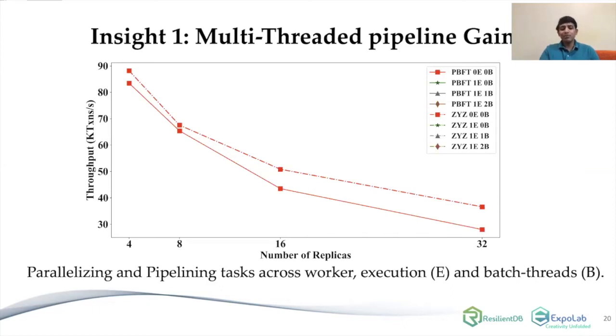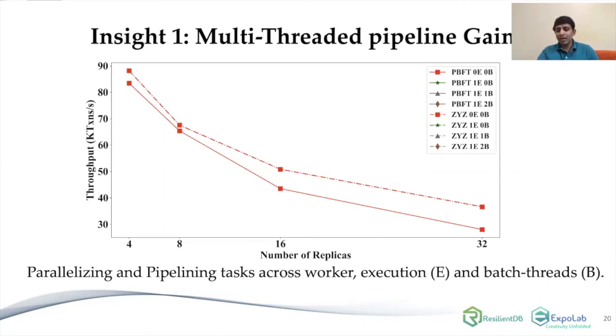To start with, we have different metrics here. First, we use the symbol E to refer to execution threads and symbol B to refer to batching threads. In this whole figure, we are working with one worker thread and we'll be varying the number of execution threads and batching threads.